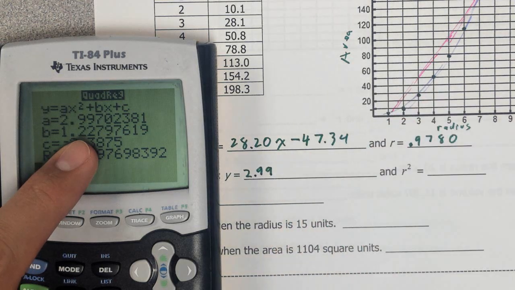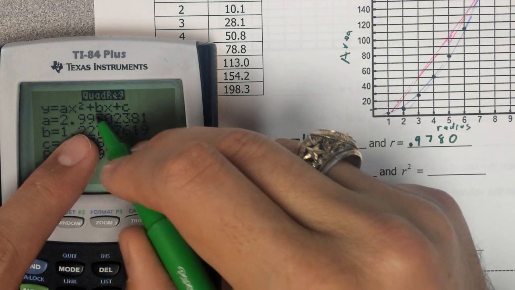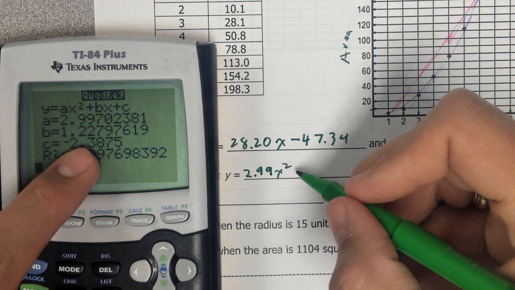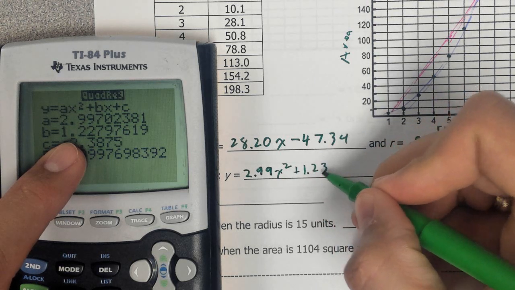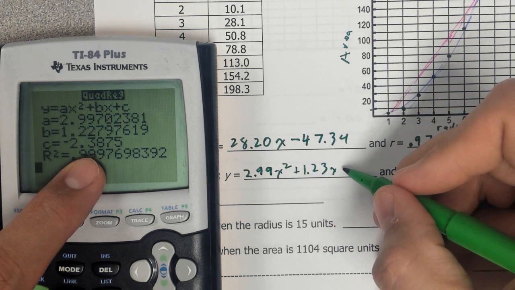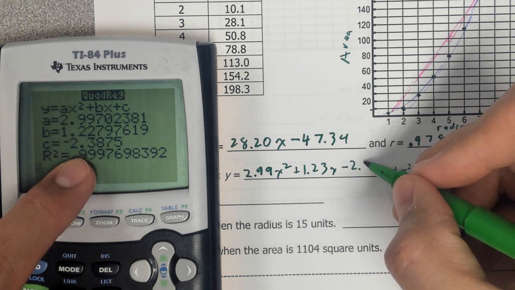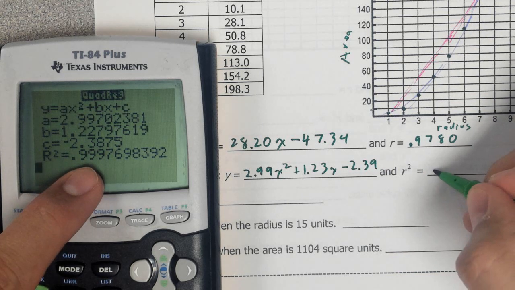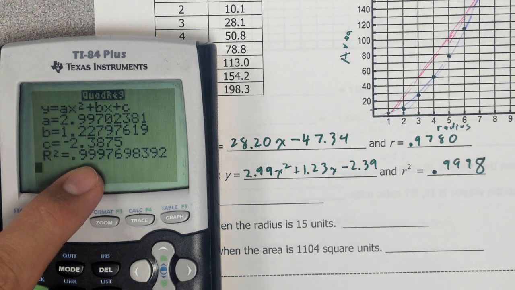I'm just going to put 2 decimal places and go 2.99, but just know that that should technically round to 3. x squared, and then plus 1.23x minus 2.39, and my r squared value is 0.9998.